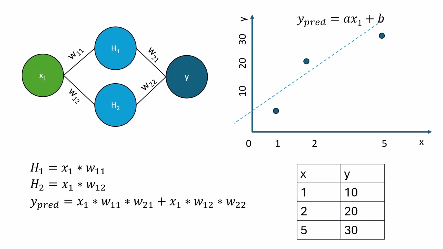Similarly, x1 times w12 is equal to h2. So this is fairly simple. And then we time that with another set of w's, w21 times h1 plus w22 times h2. If I add them up, it will give you the y output here.